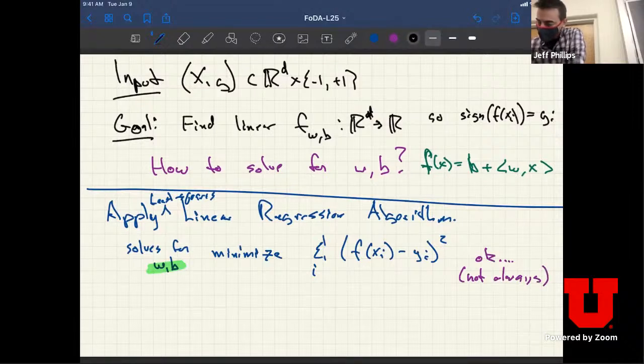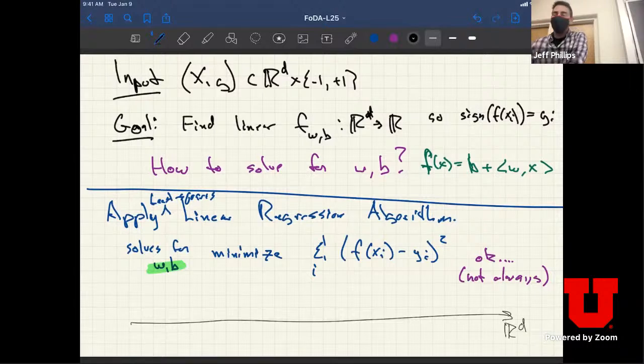Let's look at an example. I can just draw it fairly simply here. This will represent R^d, so this is where all the X points are going to lie. And we'll say that the Y values are in R, and we know that they're either going to be at -1 or at +1.